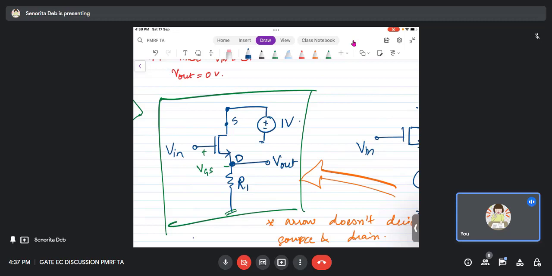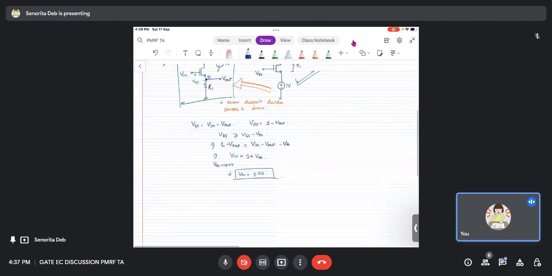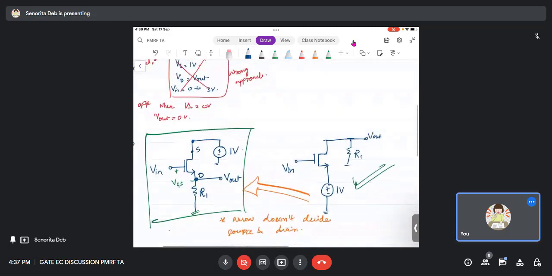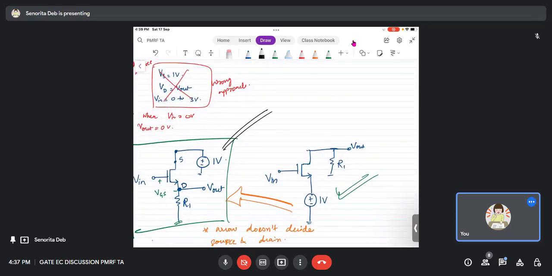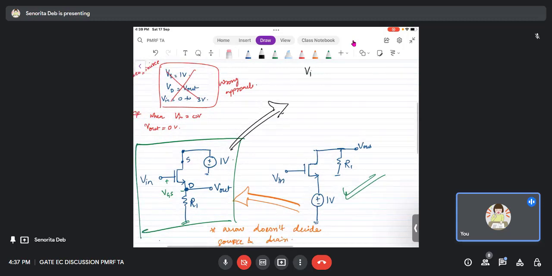Suppose V in is in this range. See, V in is 0 volt, V out is 0 volts. Now V in started increasing. V in became 0.7 volts. After V in became 0.7 volts, the MOSFET was on, and V out started increasing slowly. Now V in reached 1.7 volts.